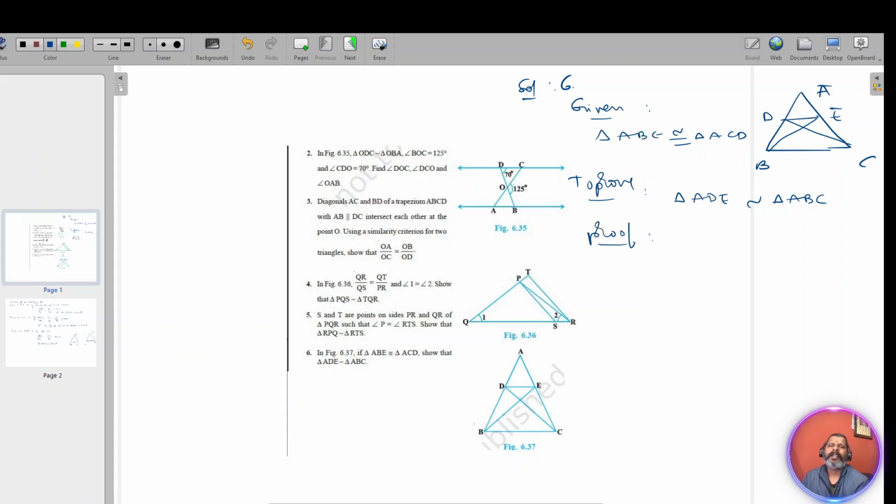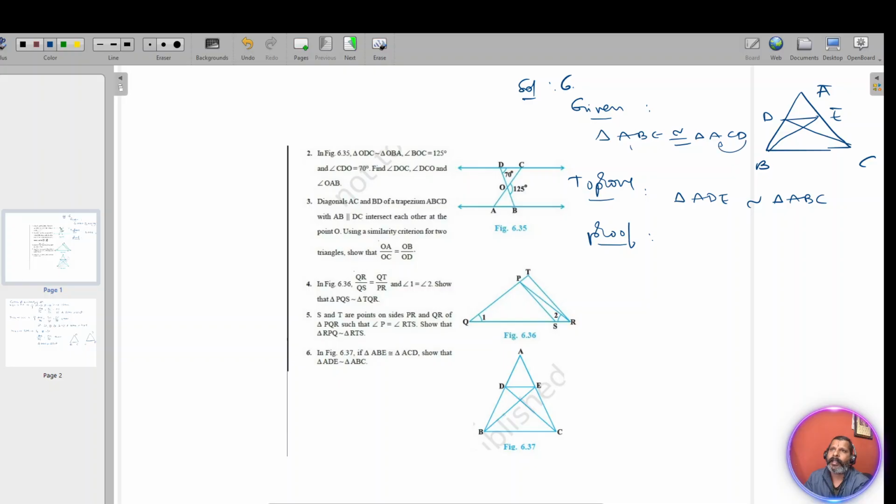Okay. We'll start with the proof. Since the two triangles ABE and ACD are congruent, we tick the corresponding sides. Say CPCT, those two sides are corresponding. Use that in the similarity proving. Let's check out. Since ABE and ACD are congruent, we get AD and AE are equal. Check out.